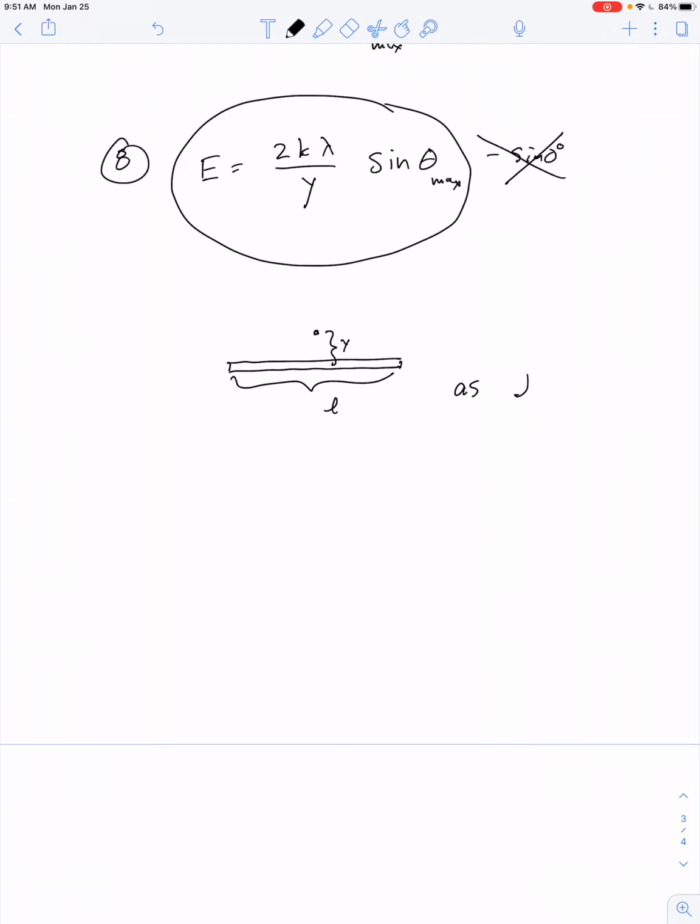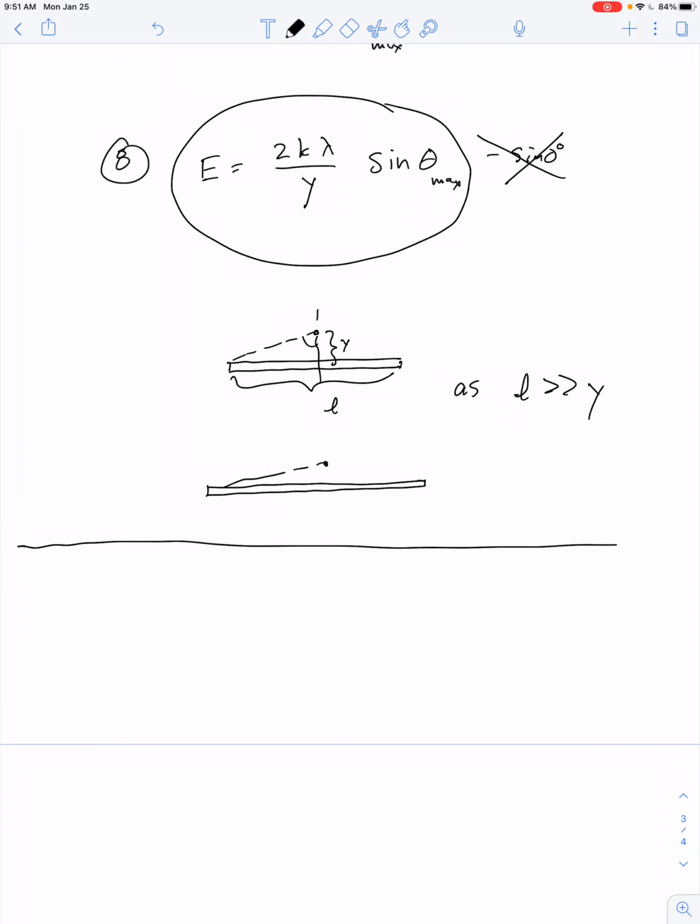As L becomes much, much greater than y, that creates a change in what this maximum angle theta would be. In fact, if we go to this extreme case where the rod extends beyond the width of the screen, keeping the value of y the same, what is this angle theta approaching?